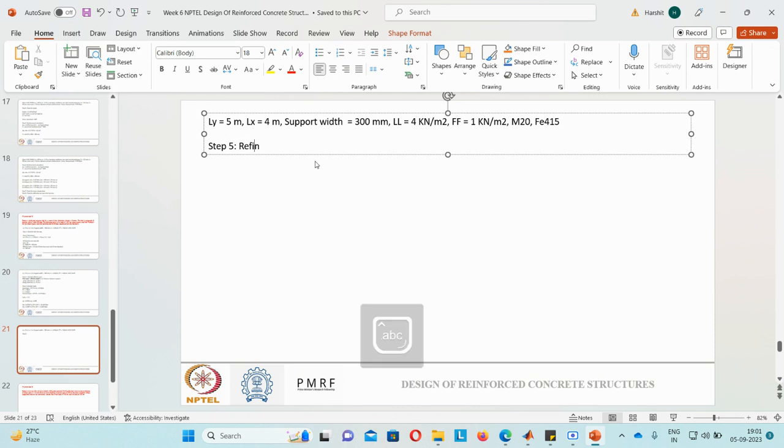For reinforcement detailing, you need to go for what we read in the beam design part: how to provide reinforcement detailing. We will calculate Ast. Along the x direction, just let me check the calculation once.